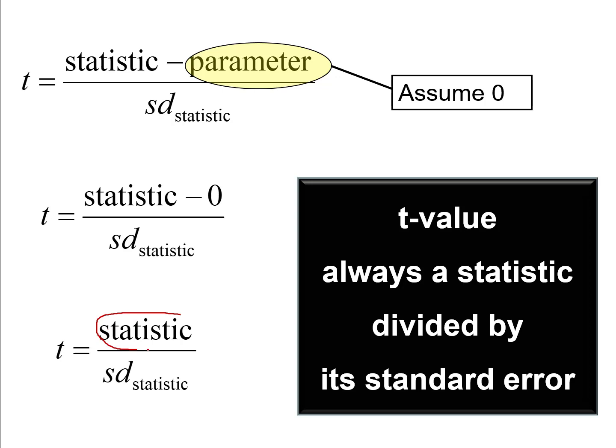Now, we'll be looking at different types of t-values, like for a correlation or a mean difference or a beta weight. But in every single case, it will always be this: a statistic divided by the standard error of a statistic. This is one thing that will be very helpful if you get it down really well. What I have in the black box here: a t-value is always calculated as a statistic divided by its standard error.